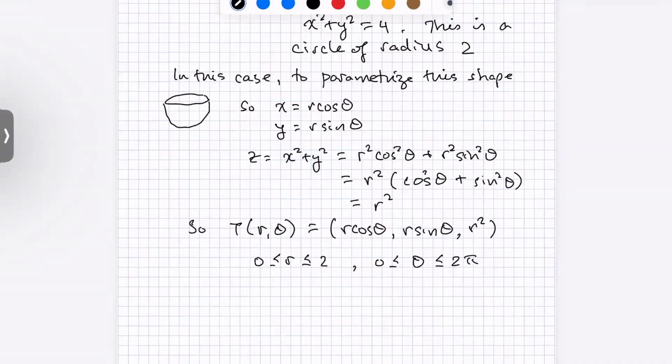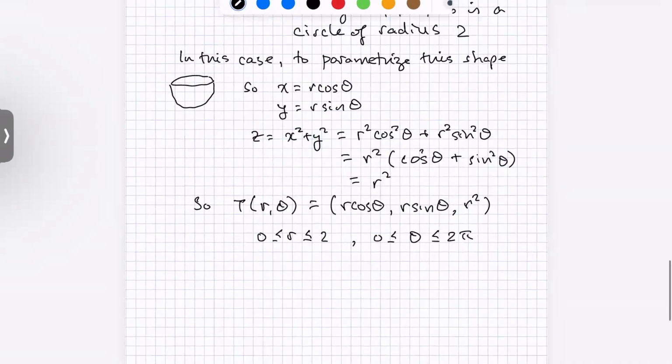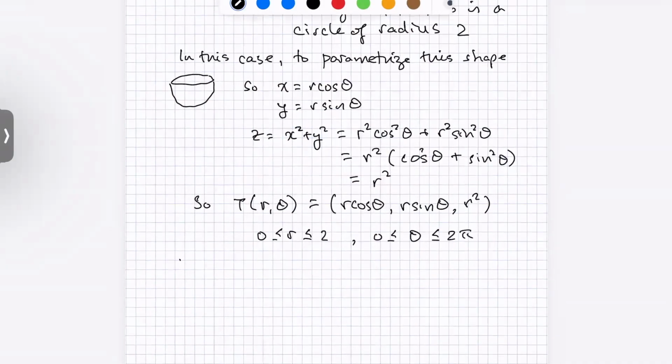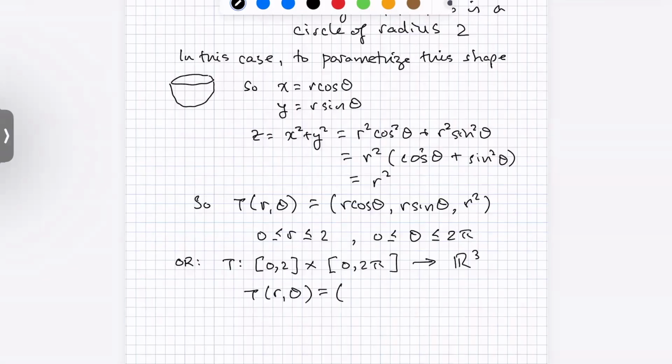So this is the parametrization for this bowl. Or you can write T is a function from 0, 2 cross 0, 2 pi into R3 given by T of r, theta equals r cosine theta, r sine theta, r squared.